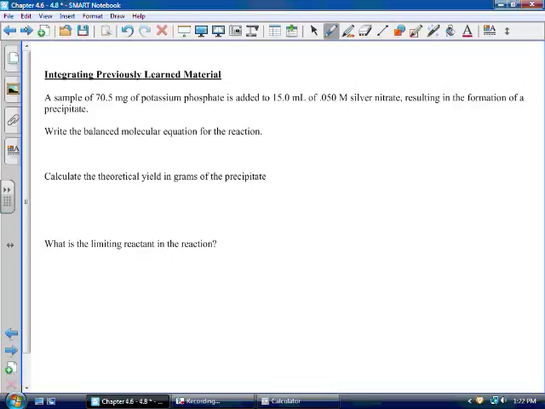All right, so let's look at our reaction. We have potassium phosphate. K is +1, phosphate is PO4, it's -3. So K3PO4 is our reactant. And we're reacting that with Ag, which is +1, and NO3, which is -1, so AgNO3.